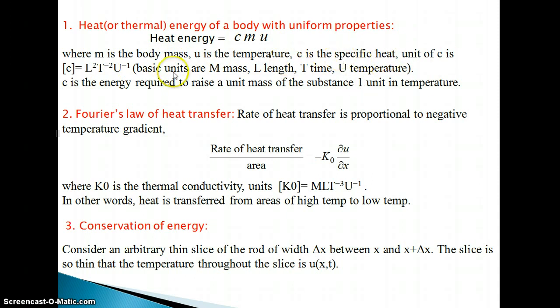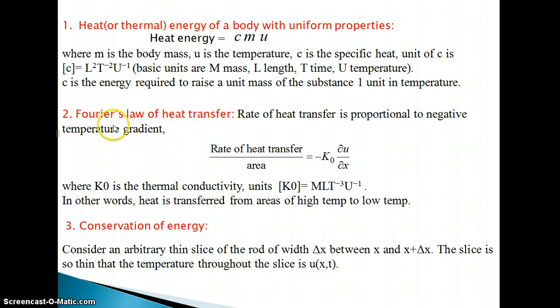The units of C are L^2 T^-2 U^-1, where M, L, T and U are the basic units of mass, length, time and temperature. C is the specific heat, the energy required to raise a unit mass of a substance by unit temperature. That is the first principle used to derive this heat equation.